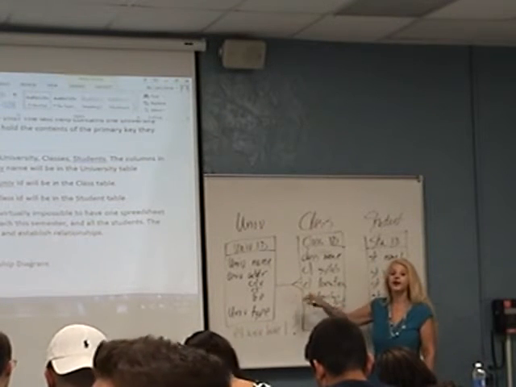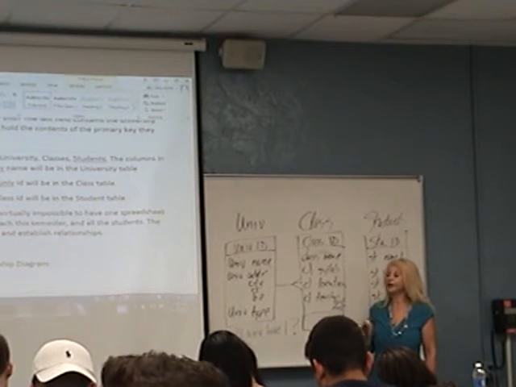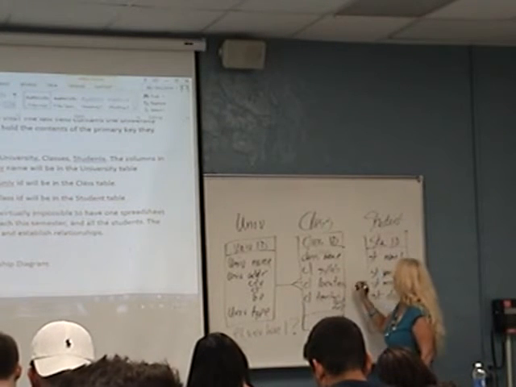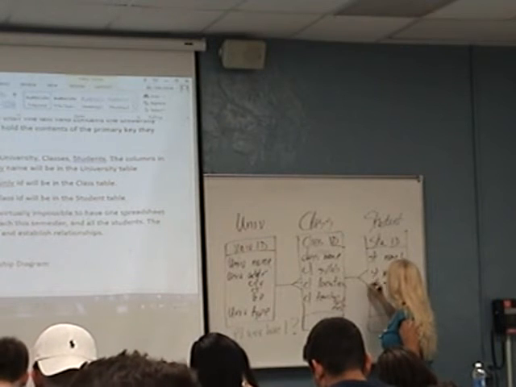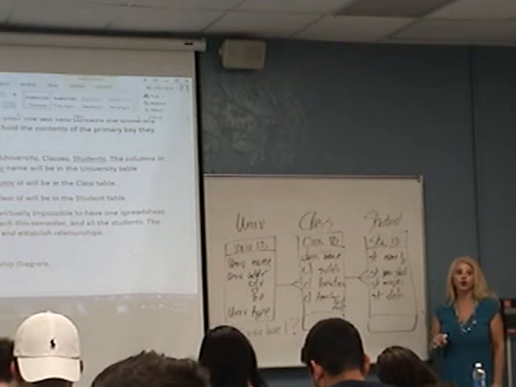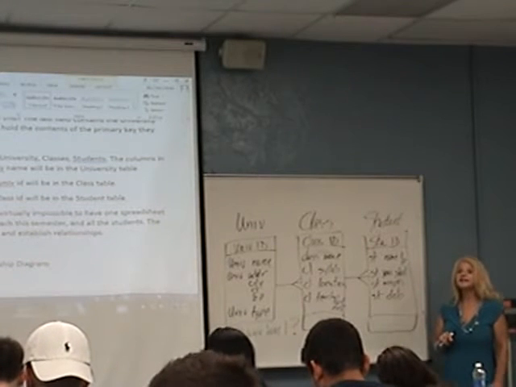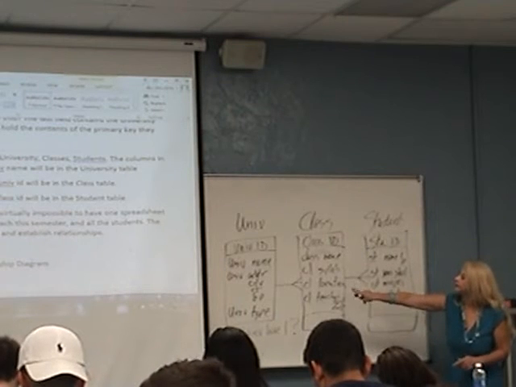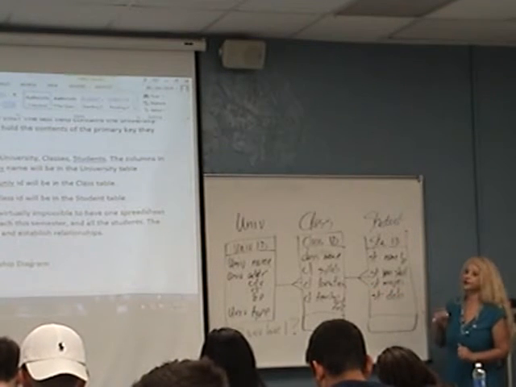This little diagram in the middle that looks like a crow's feet represents the word many. And each class has many students in it. This represents the word many. This is the relationship. So it means that these two are hooked together and these two are hooked together.